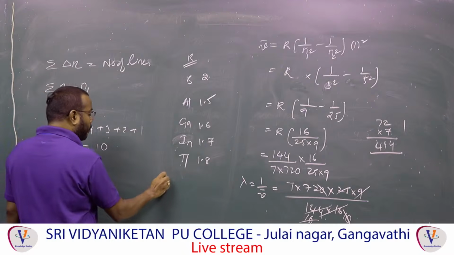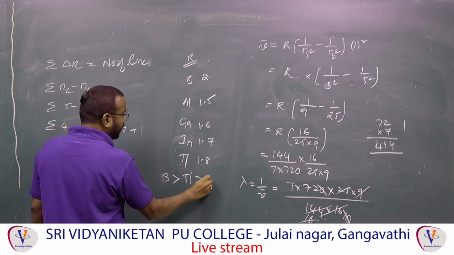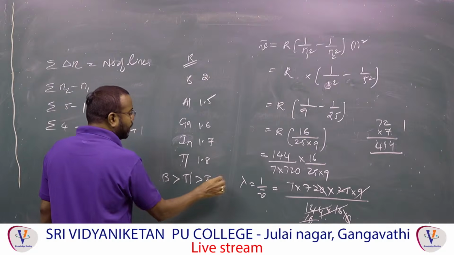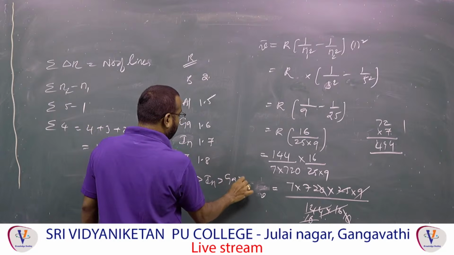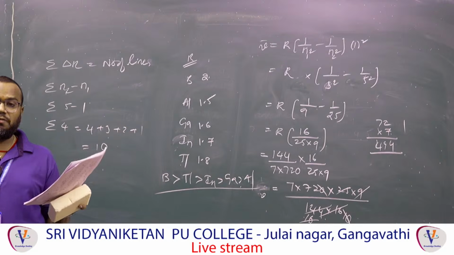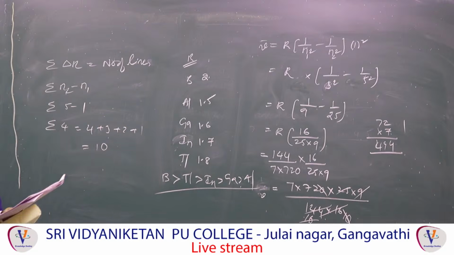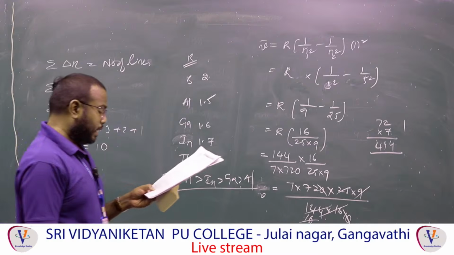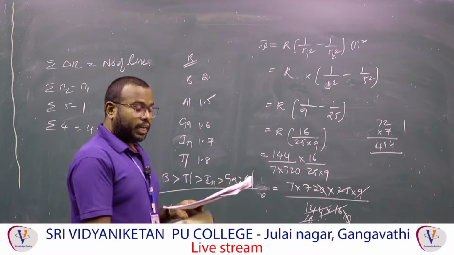So the order of electronegativity is boron, thallium, indium, gallium, and then comes aluminum. So the statement that thallium's electronegativity is higher than aluminum is a correct statement. We need to look for the incorrect statement.